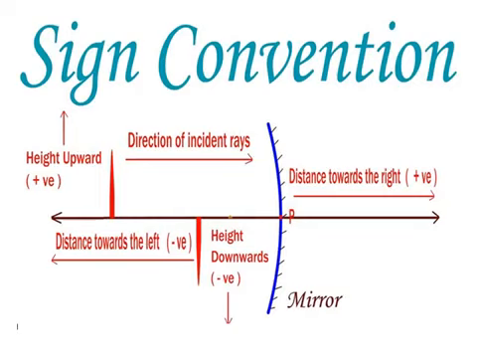So this is a very important concept, and the sign is very important when you do the problems. A small mistake in the symbols, if you take minus as plus, then everything will go wrong. That's why this is the basis for the sign convention, and you must be well aware of it.